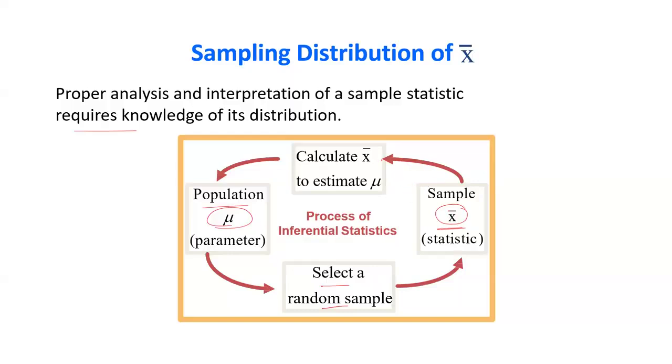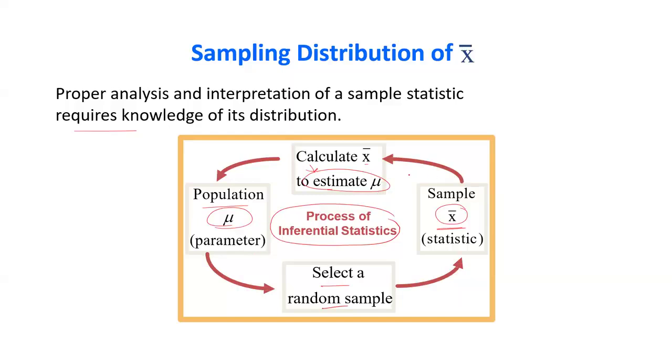Based on that X bar, we will estimate this population parameter, and based on this X bar only, we will infer something about this population parameter. This is known as inferential analytics or inferential statistics. This is the whole process.